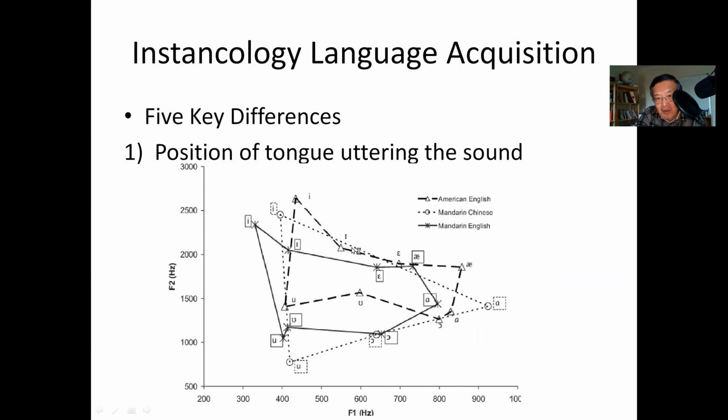It's close, it's here, all right? If a Mandarin speaker speaks English and utters the sound I here, the tip of the tongue is put here. See the difference, the distance? So it shows you clearly.